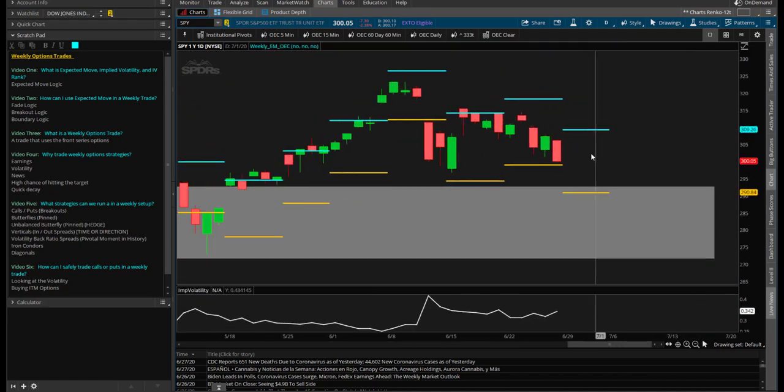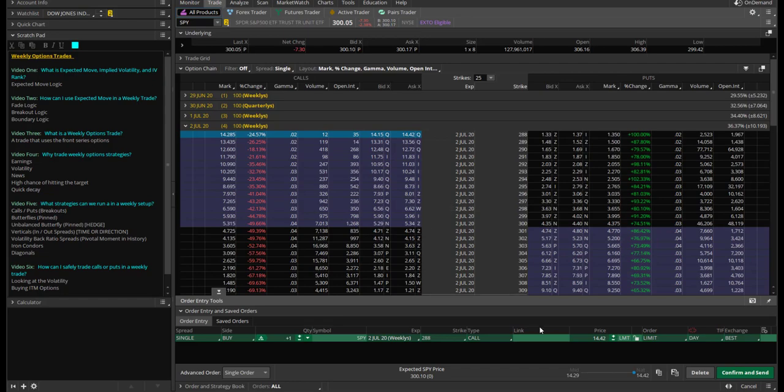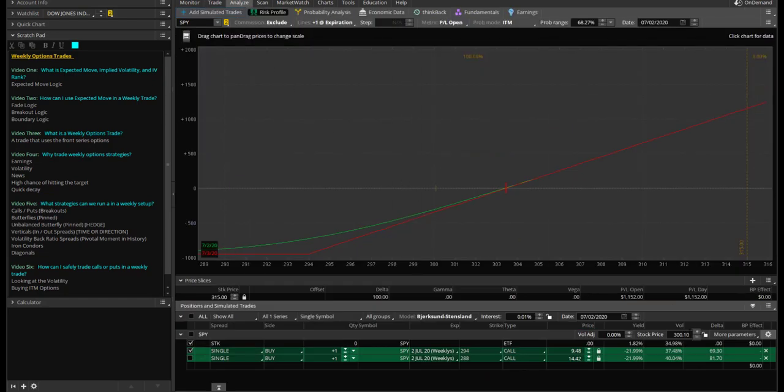And we're going to ask the question, if SPY came back up to the top of this range before Friday or by Friday, which one of these calls would make me a better trade, would pay me more money? The 294 strike would make 1152.